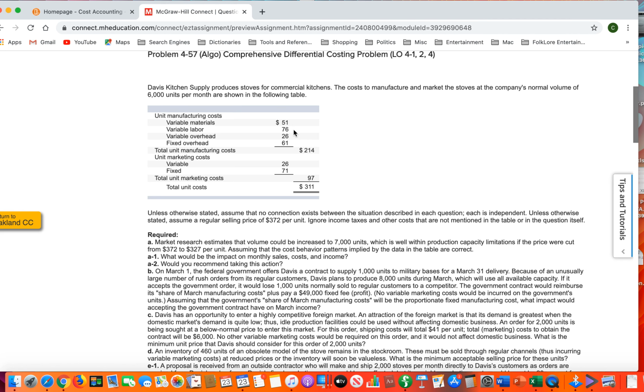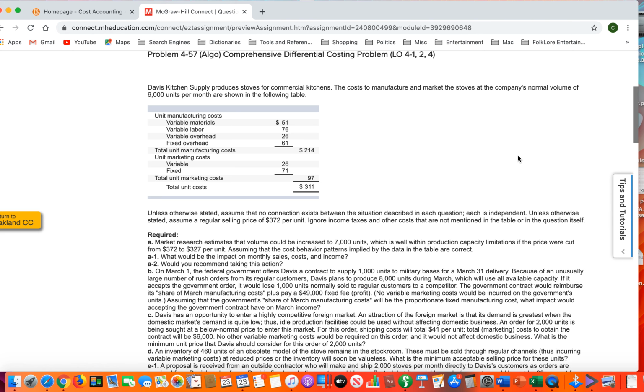So 51 plus 76 plus 26 plus 26 again gives you your variable cost. Add all those four together and multiply by 7,000. And that's your variable cost. Once you get your variable cost, you will subtract it from the sales, and that will give you a contribution margin.